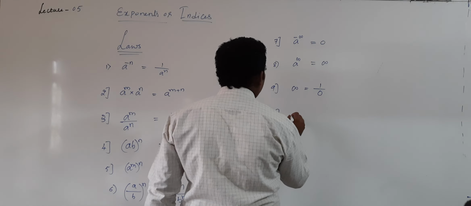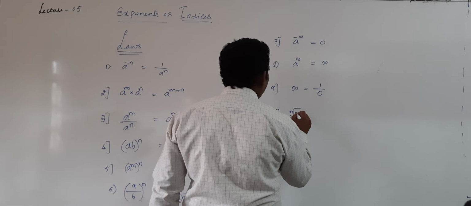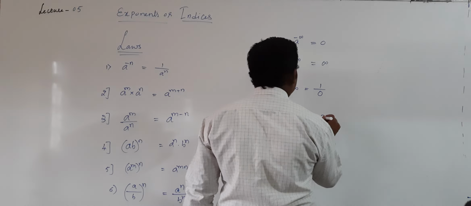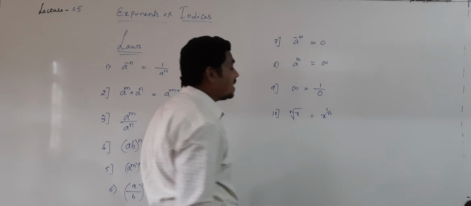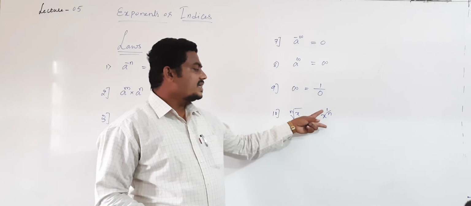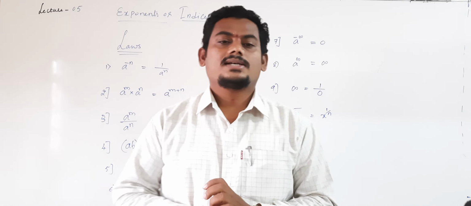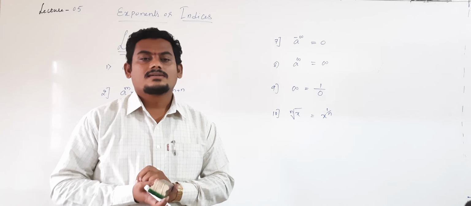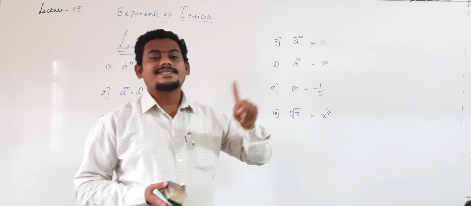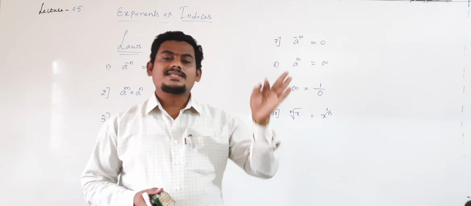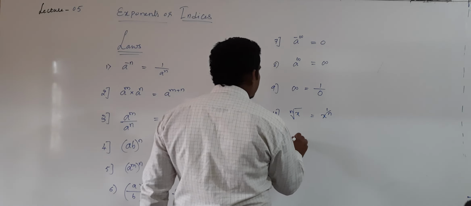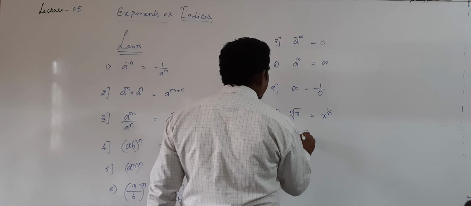Then what is nth root of x? Nth root of x is nothing but x power 1 divided by n. Then what is square root of x?